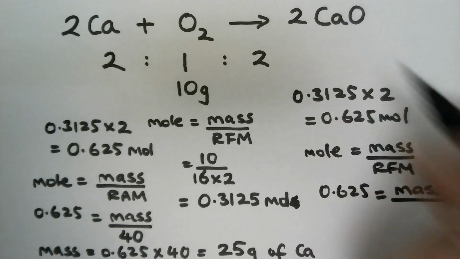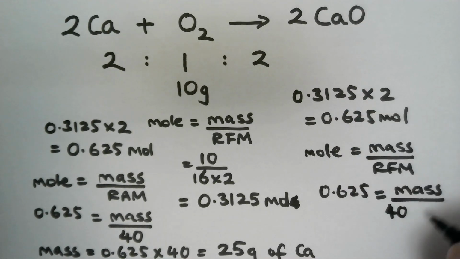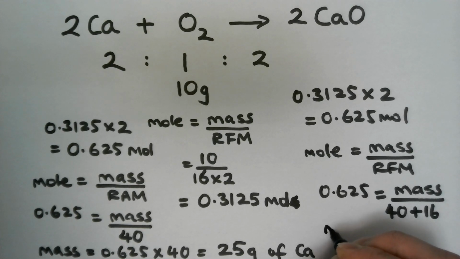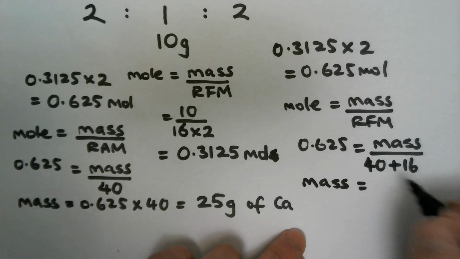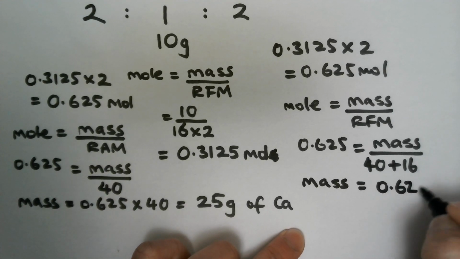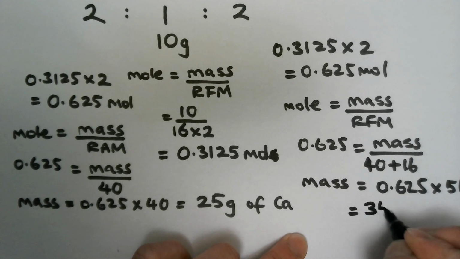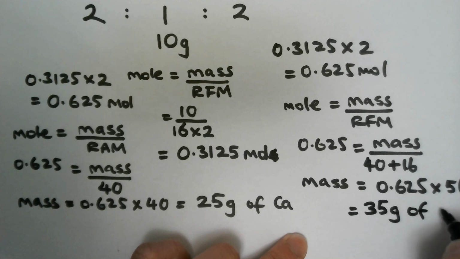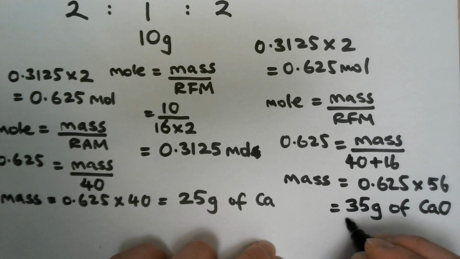Now the relative formula mass of calcium oxide: calcium has a mass of 40, oxygen has a mass of 16, which makes 56. So the mass of calcium oxide that I need is therefore 0.625 multiplied by 56. That gives me a total of 35 grams of calcium oxide.